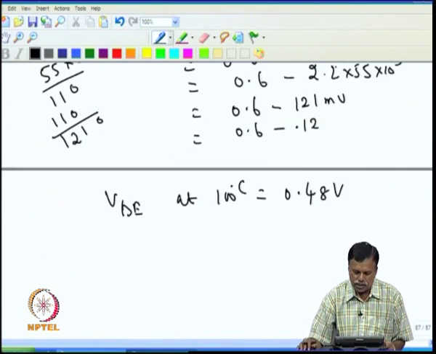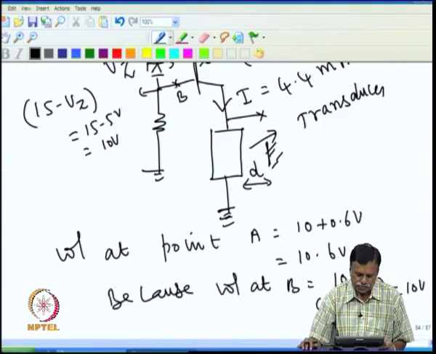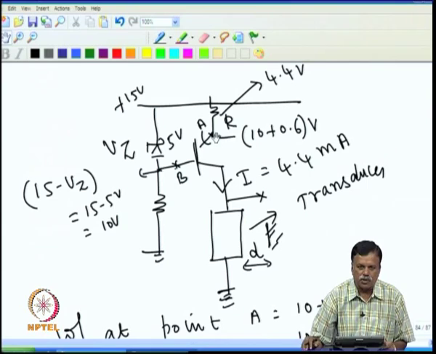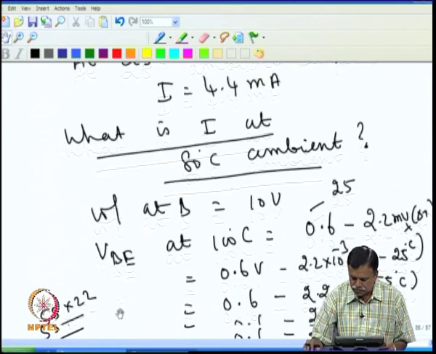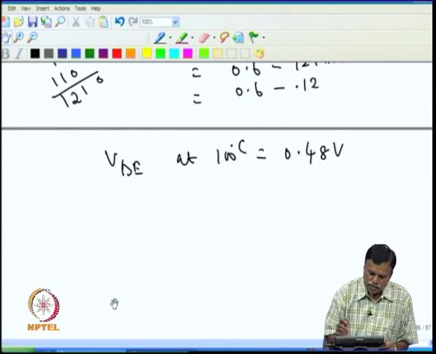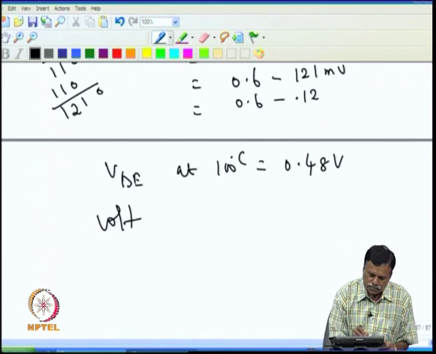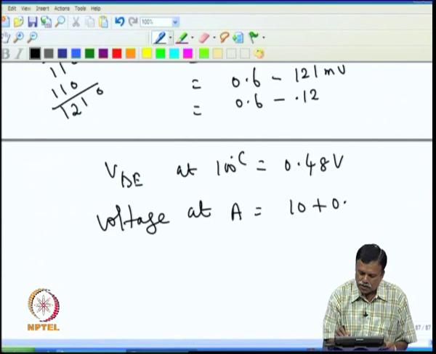So what is the voltage at point A? The voltage at B is 10 volt, and VBE is 0.48, so the voltage at A will be 10 plus 0.48, that is 10.48 volt.